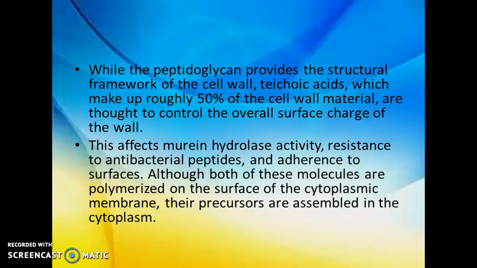Although both of these molecules are polymerized on the surface of the cytoplasmic membrane, their precursors are assembled in the cytoplasm. So after the synthesis of peptidoglycan, it moves towards the cytoplasmic membrane, which we have already discussed.